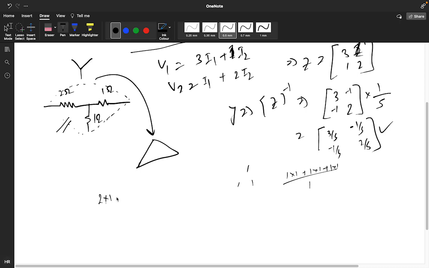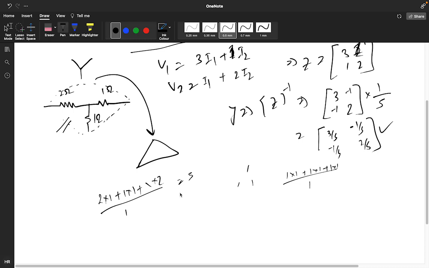2 into 1 plus 1 into 1 plus 1 into 2, divided by 1. So if you solve this, 5 you will get.